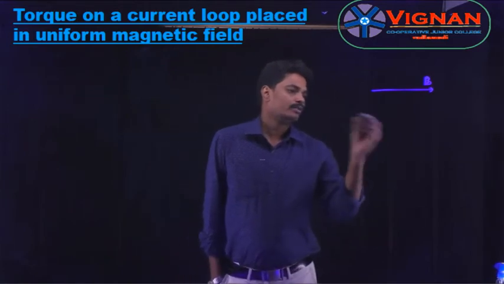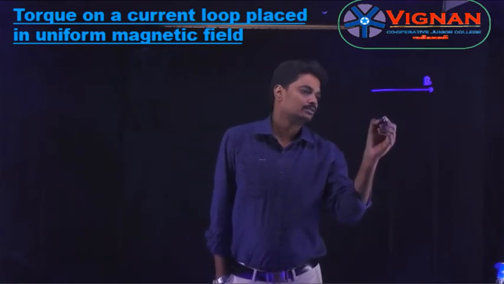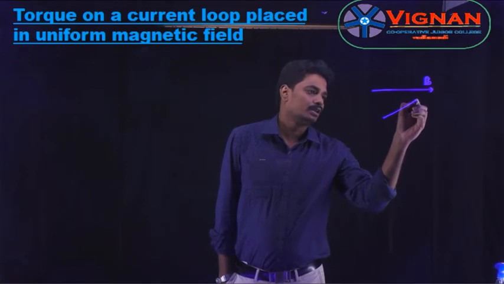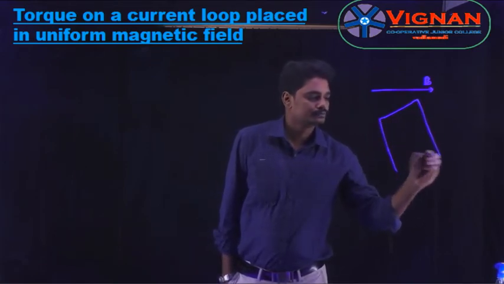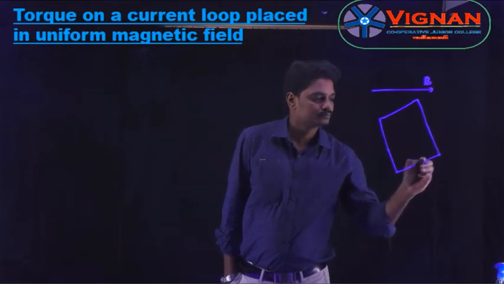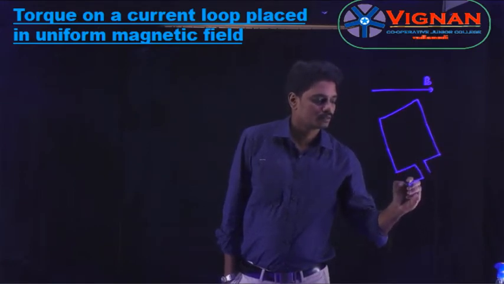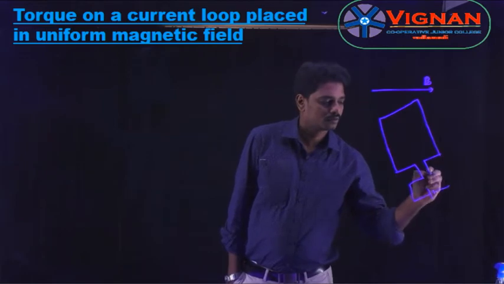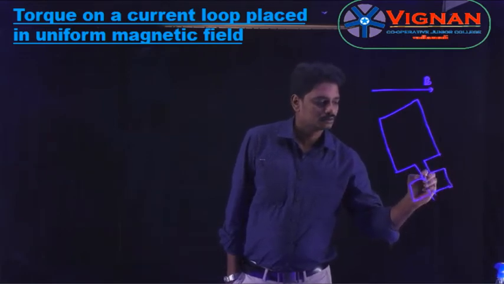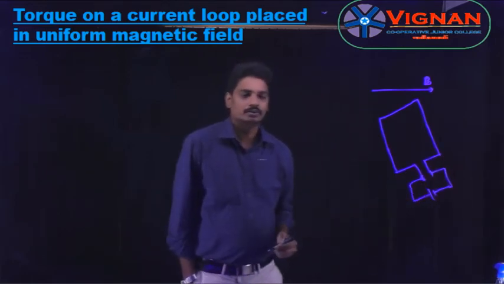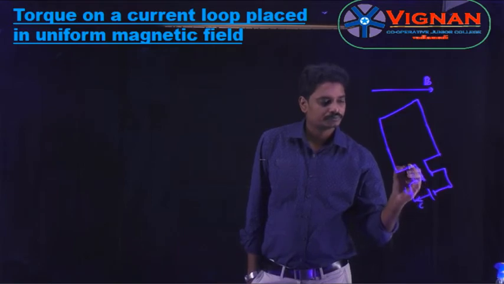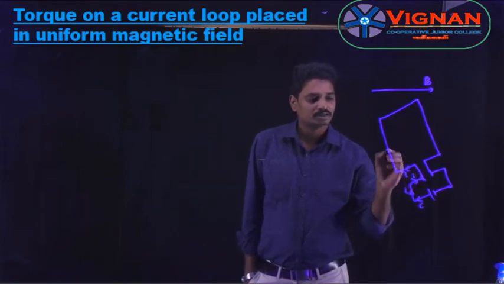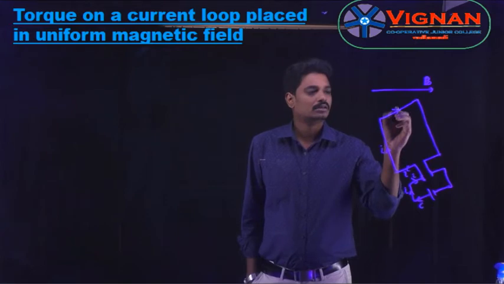Now when a rectangular loop is connected to a battery, current flows through the loop in this direction. The direction of the current is given.